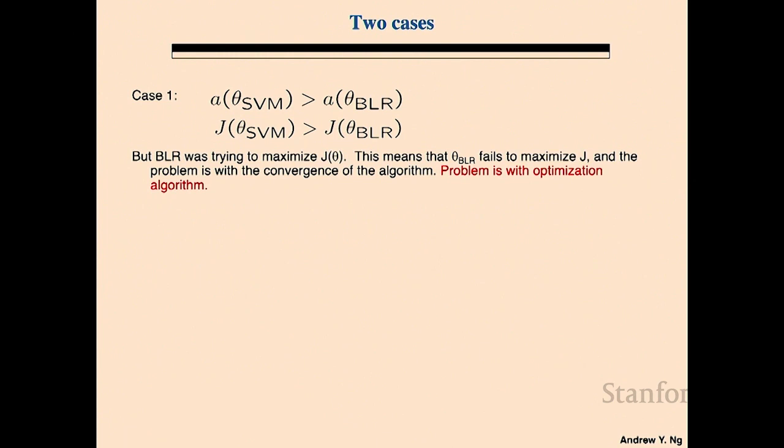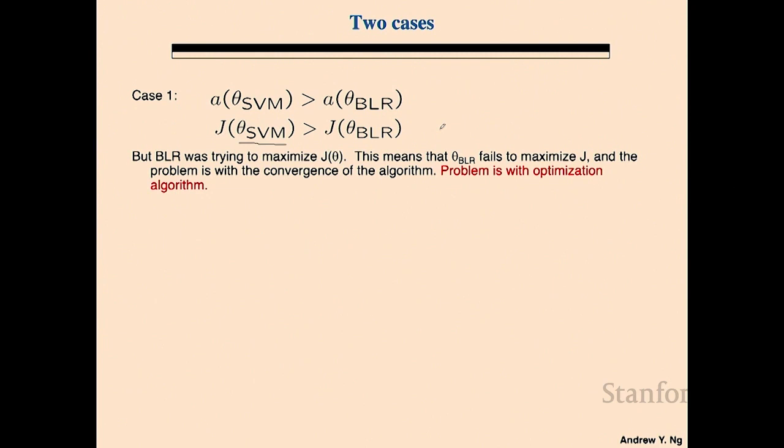Okay, so let's see how to interpret this. In case 1, J of theta SVM is greater than J of theta BLR, meaning that whatever the SVM was doing, it found a value for theta, which we've written as theta SVM, and theta SVM has a higher value on the cost function J than theta BLR. But Bayesian logistic regression was trying to maximize J of theta.